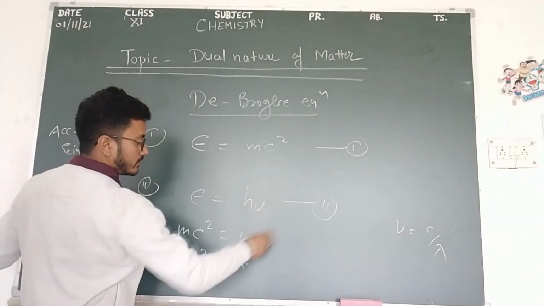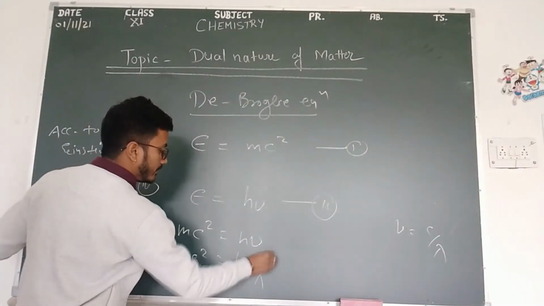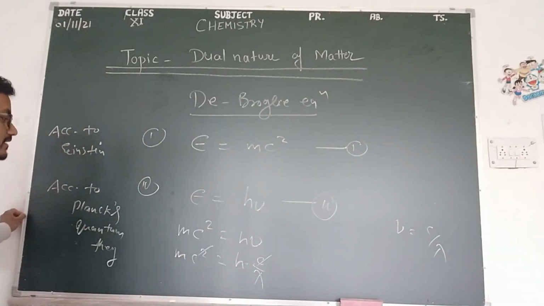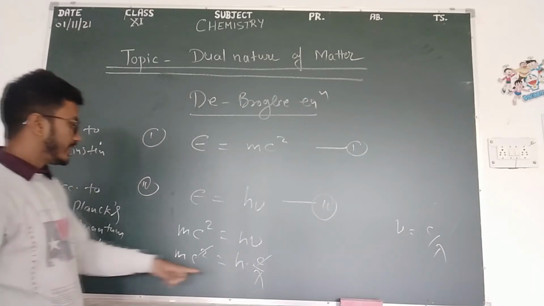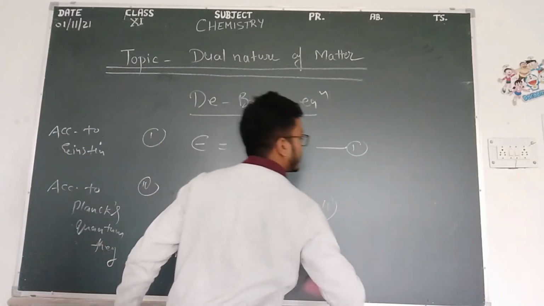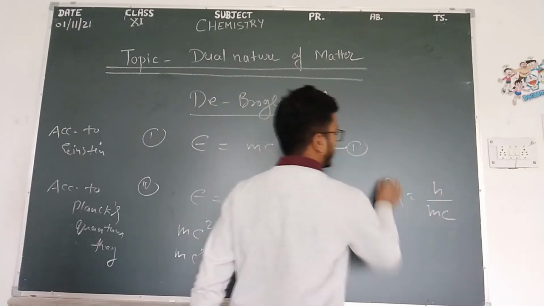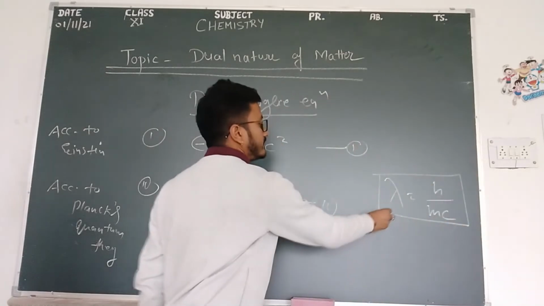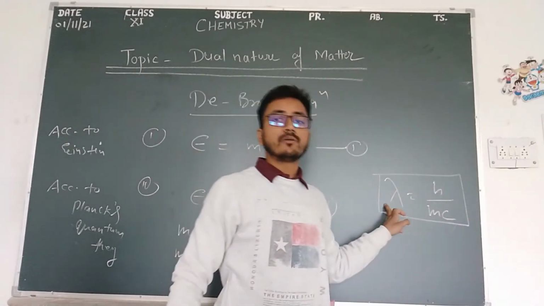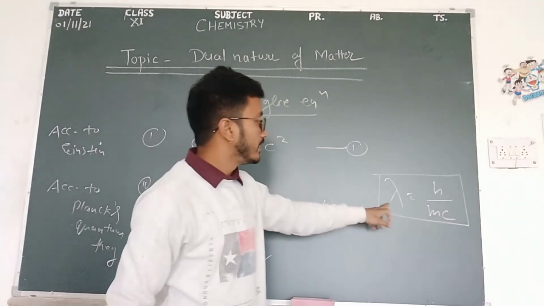Substituting this value of nu, c upon lambda, mc square equals h into c upon lambda. Cancelling c on both sides, we have lambda equal to h upon mc. This is the relation of the wavelength of matter and the mass of matter.